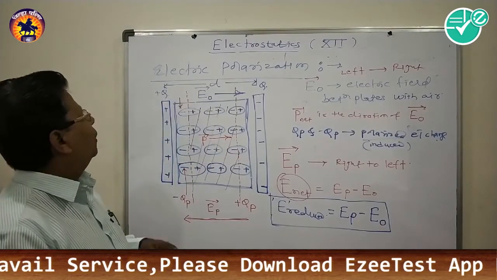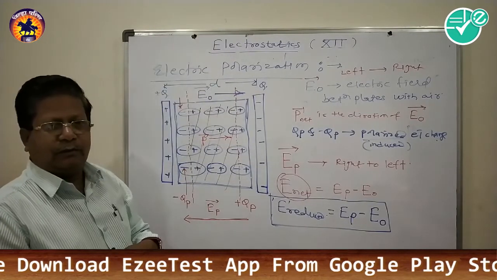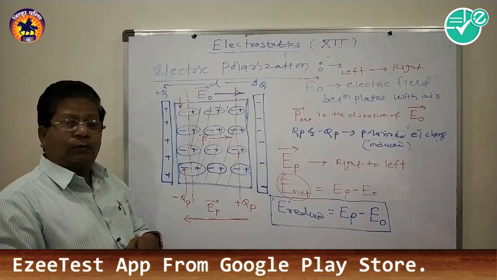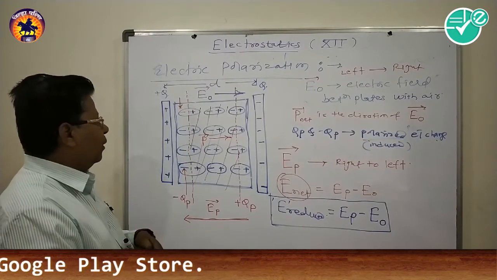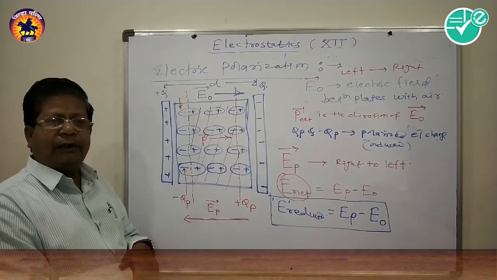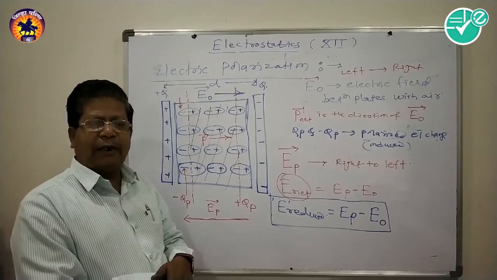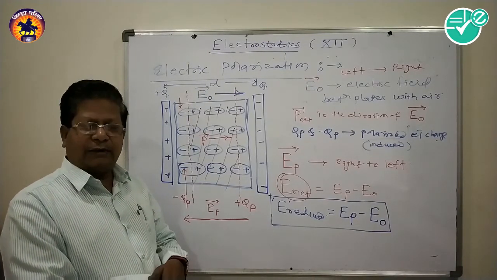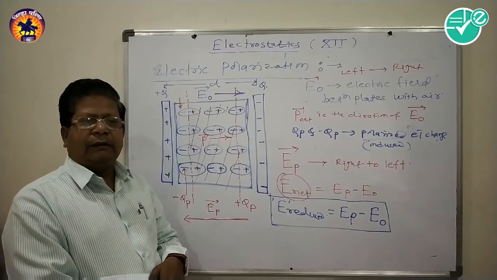Now our aim is to define the electric polarization. To define electric polarization, we have studied the electric field in the absence of dielectric. When dielectric is placed, induced charges are produced on the dielectric.